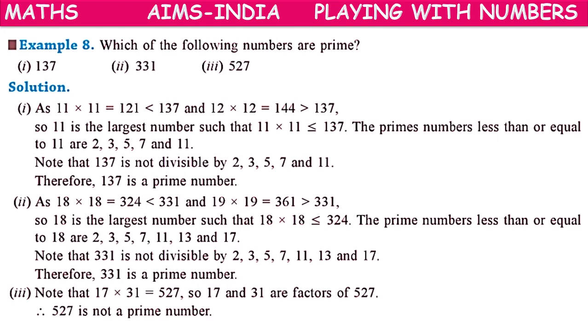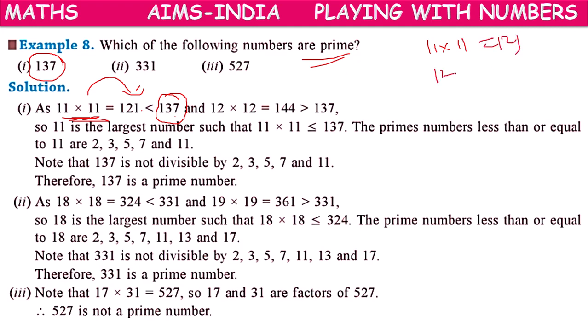So here, let's try to understand with one example, children. Which of the following numbers are prime? We have 137 here. We have to write 137 as a product of two same numbers whose value is less than 137. Suppose 11 into 11, 121.